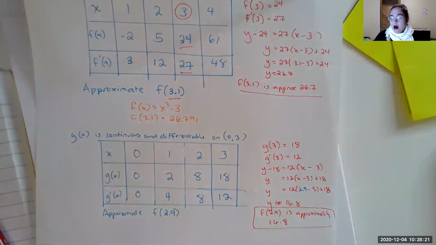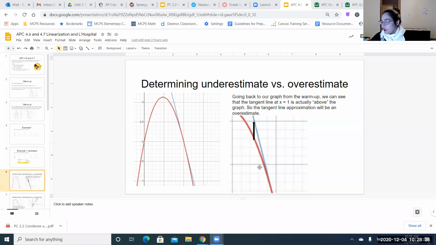Another thing about local linearity and local linearization that you have to think about is whether you have an overestimate or an underestimate. If you have a graph, you can look at the graph.